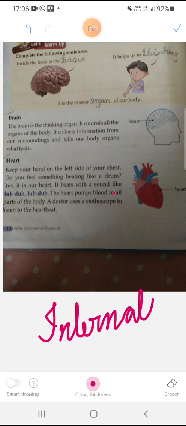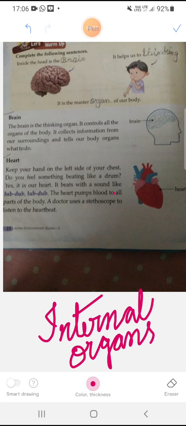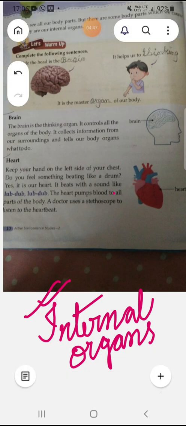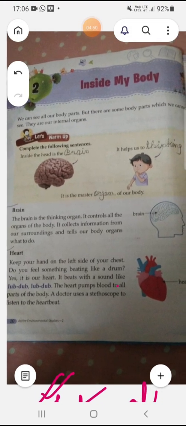Remember these internal organs. What are called internal organs?